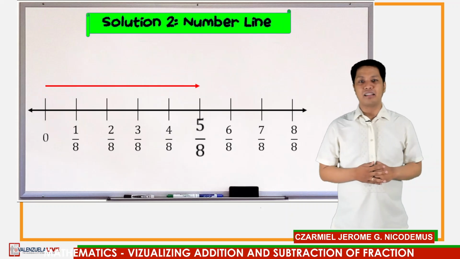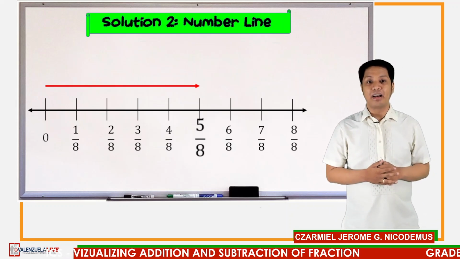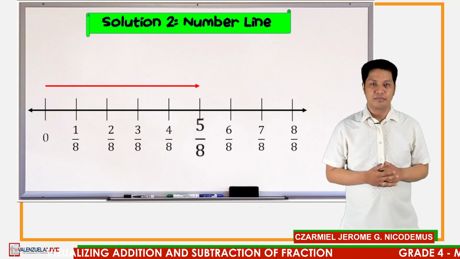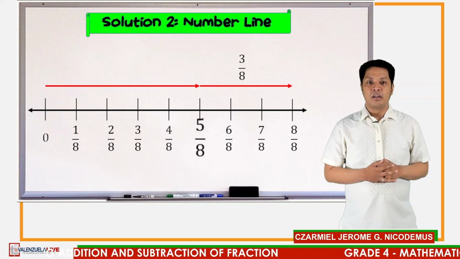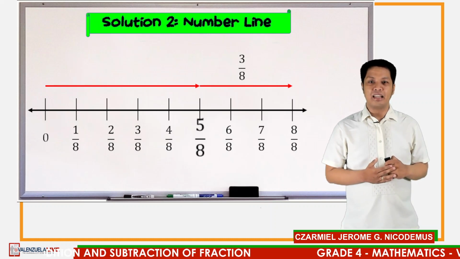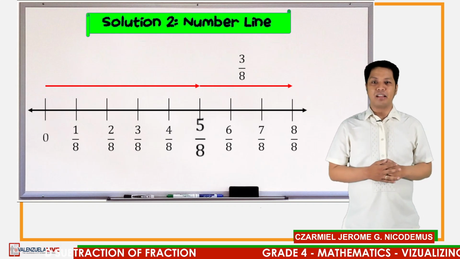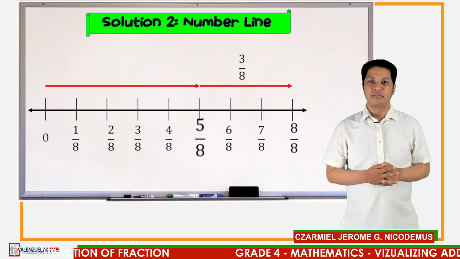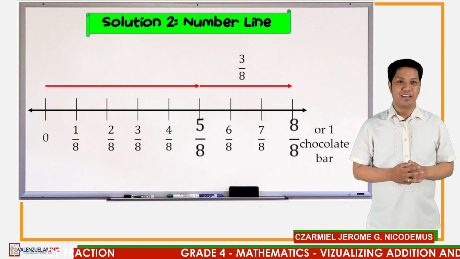Then, let us put another line that passes 3 1/8 from 5/8. These 3 lines represent 3/8. We can also get the same answer, which is 8/8 or 1 chocolate bar.